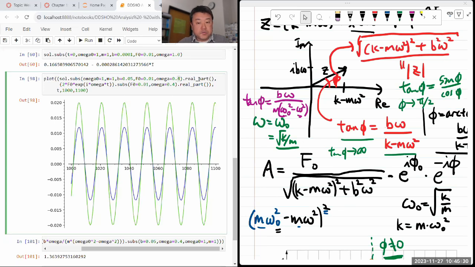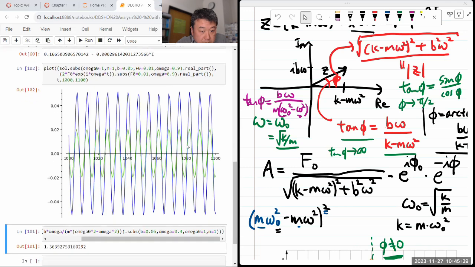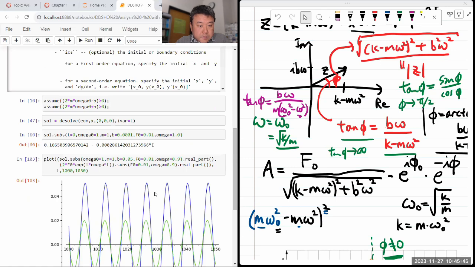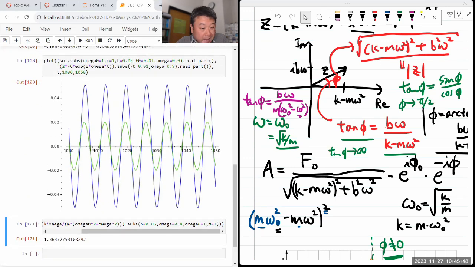Like I can go up to 0.9, and it'll still be the case that they are in sync, more or less, because of that small b. So here, if I put in, I think I can begin to see the difference a little bit. So with omega of 0.9, the angular difference is 13.3 degrees, and I can convince myself that's a 13.3 degree difference in phase between these two oscillatory phenomena.